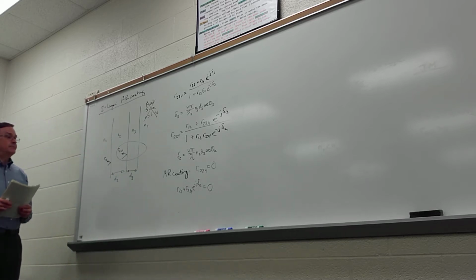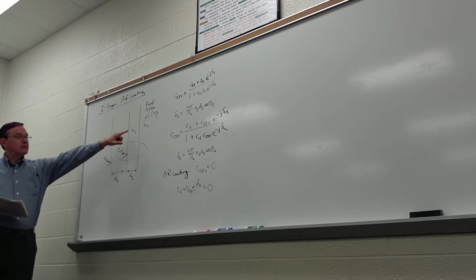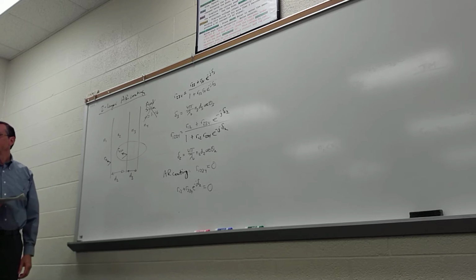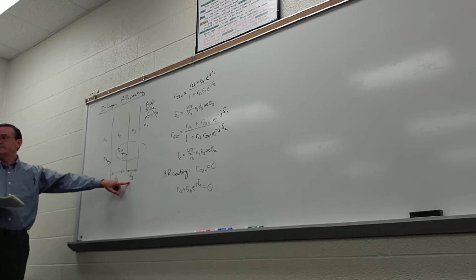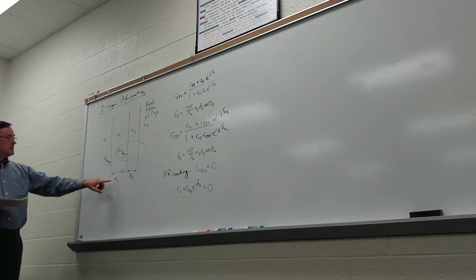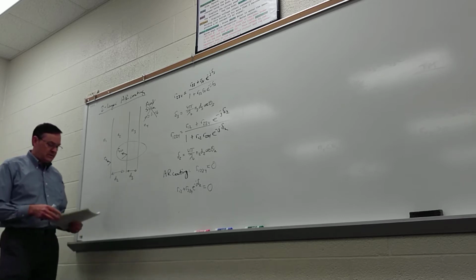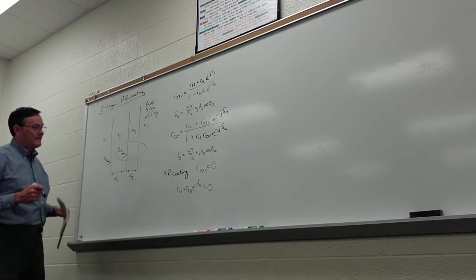Now, if n1, n2, n3, and n4 are given, then there's only two things we can play with, d2 and d3. So given a particular incidence angle, just d2 and d3, those are the two knobs we have to turn. And the strategy is as follows.